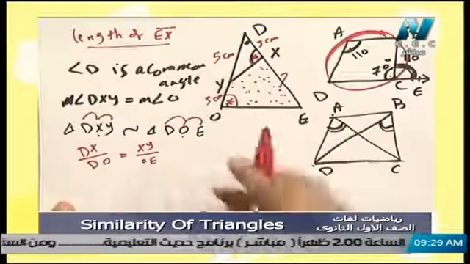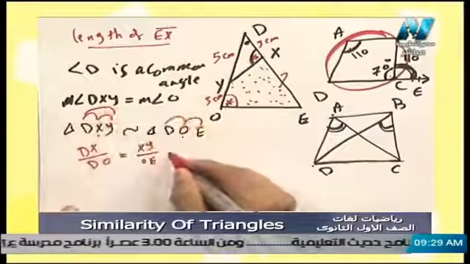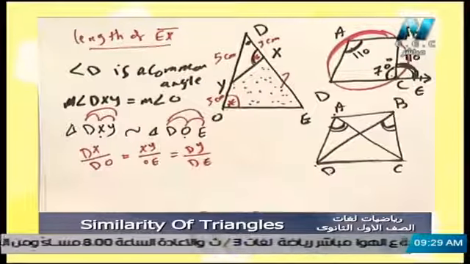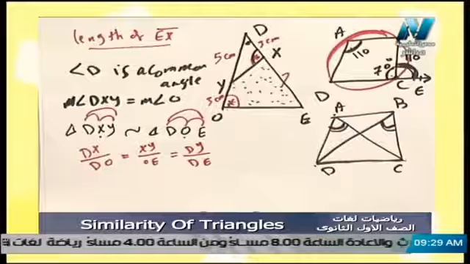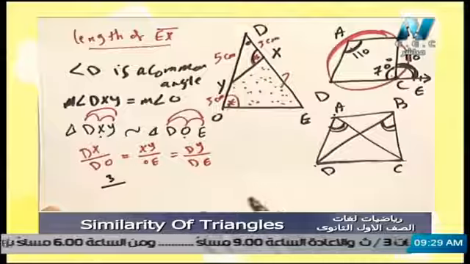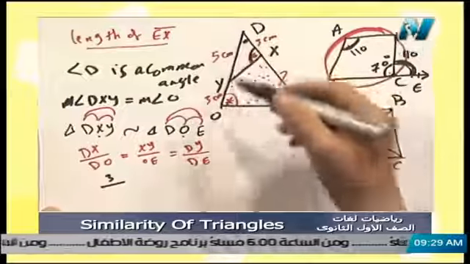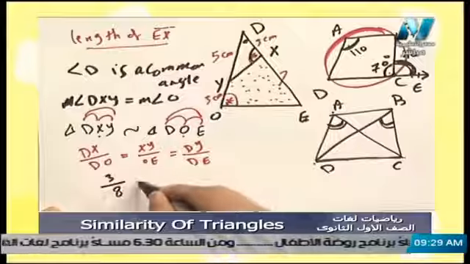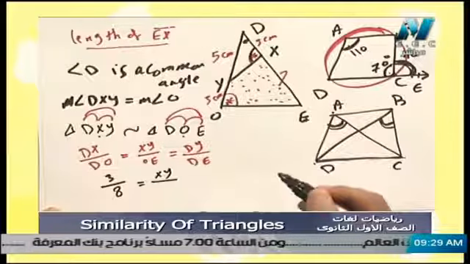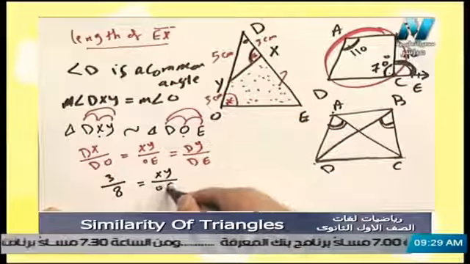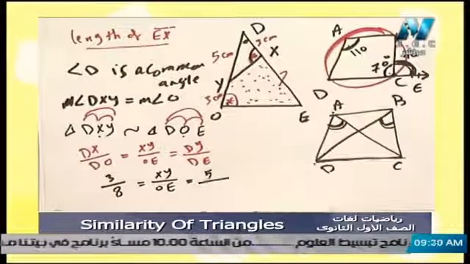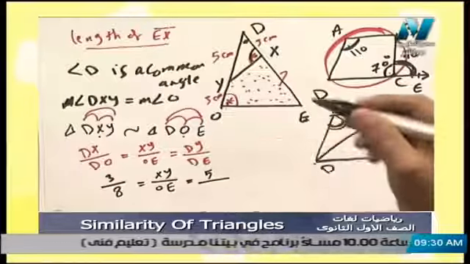So DY over DE, and by substitution we have DX here equals 3 centimeters over DO here, which equals 5 plus 3 equals 8 centimeters, equals DY, here 5, over DE.